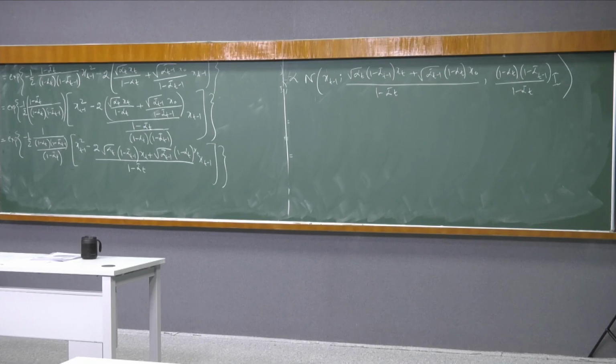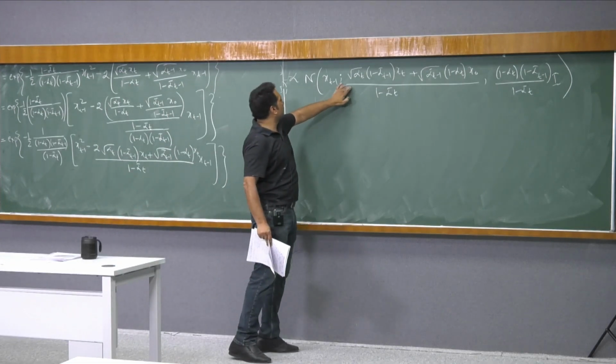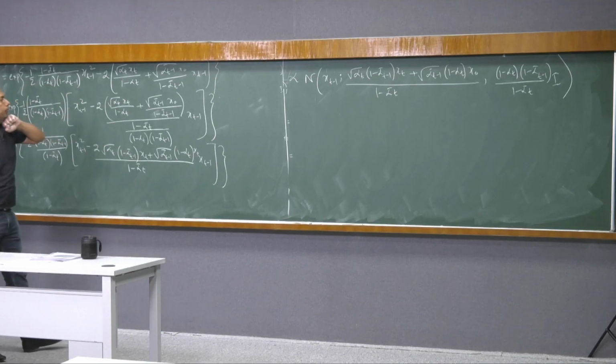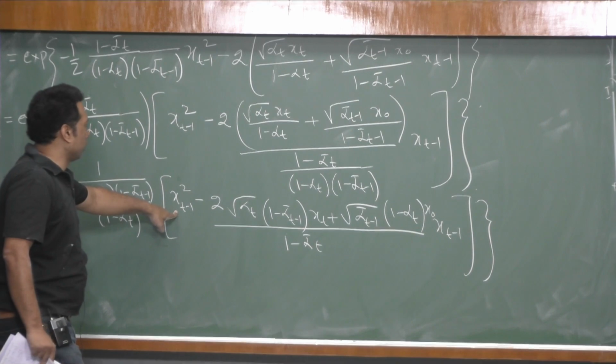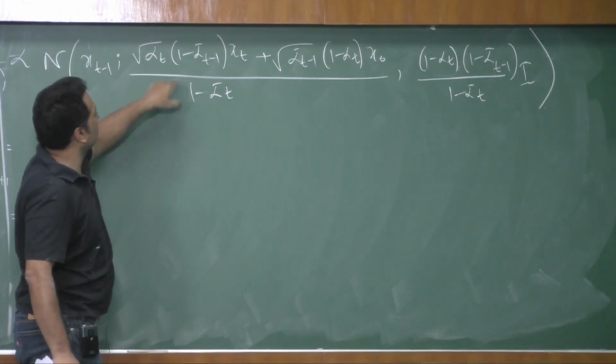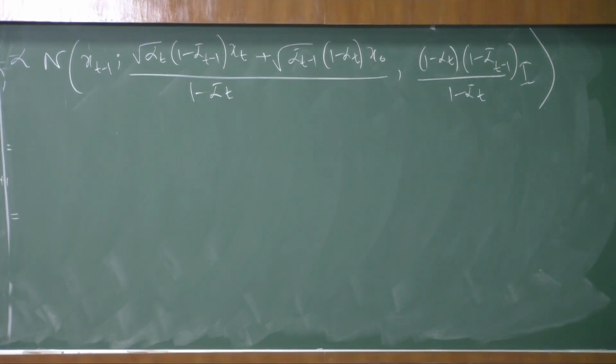So what we believe is that if this is the normal distribution that we are going to have, then the power of the exponential should be a square. So the exponential of x_{t-1} minus this mean, squared, should match this term with the C term added.